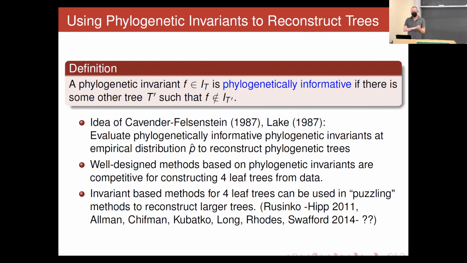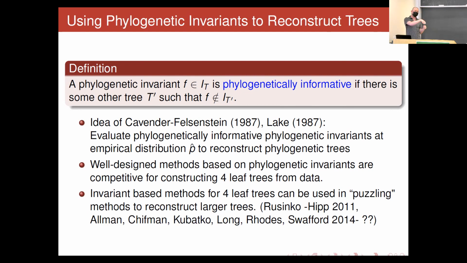Those invariants are called phylogenetically informative if they have this property that they distinguish between a tree and some other tree. And so the idea of Cavender and Felsenstein and Lake, so biologists, was, well, you have these invariants, you're just going to take some empirical estimate of what the true underlying probability distribution is, just by taking your aligned DNA sequences and counting the number of times each of the different columns arises in that alignment.